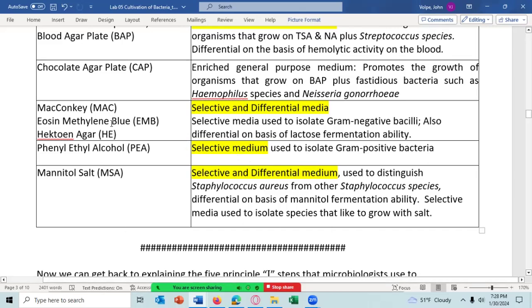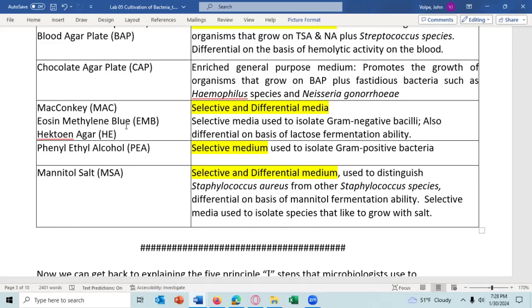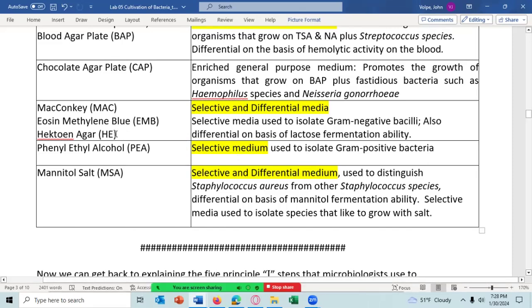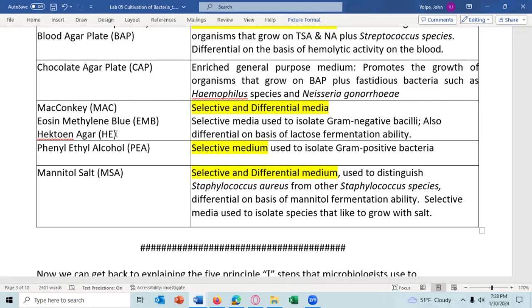If you grow it on EMB, the bacteria will turn dark or a metallic green color if the bacteria ferments the sugar lactose. On the other hand, if you grow it on HE plates, the bacteria, if it ferments the sugar lactose, will turn a salmon color. Salmon is in between yellow and orange in color. And it will not be salmon colored if it cannot ferment the sugar lactose.